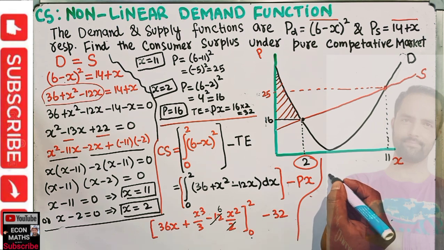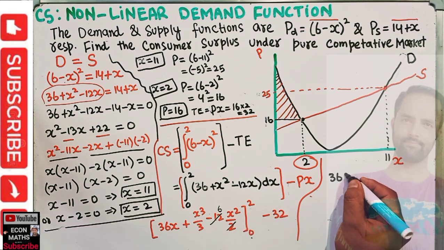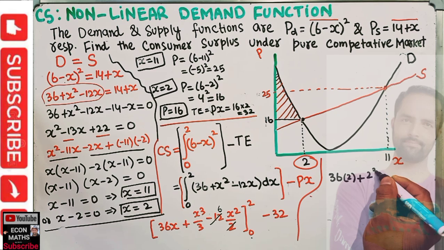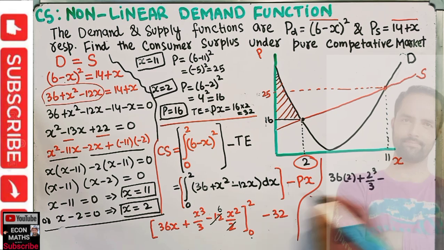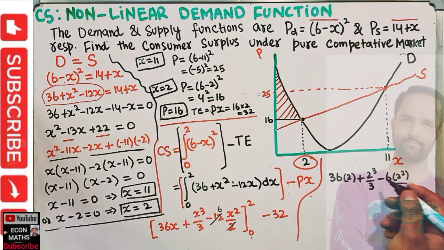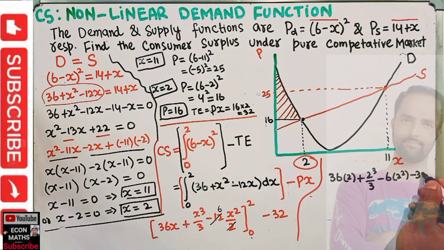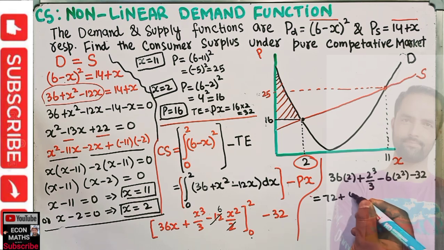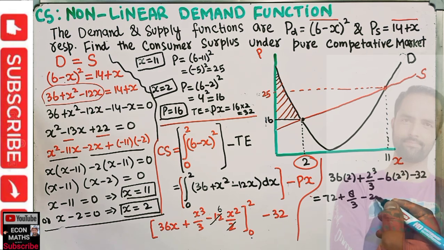So I can write it like this: 36 into 2 in place of x, plus 2 cube upon 3, minus 6 times 2 square, minus 32. This 32 is the total expenditure. So we have 72 plus 8 upon 3 minus 24 minus 32.